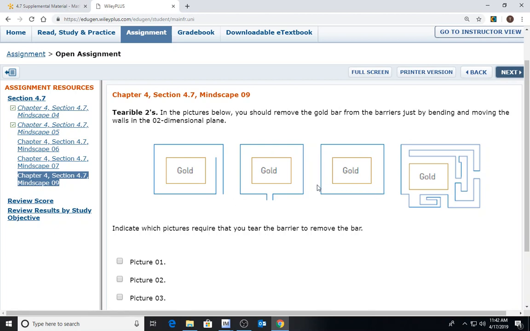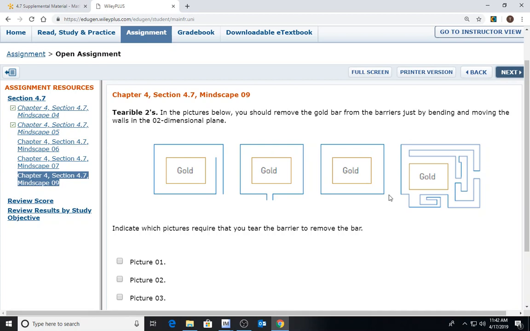But the 3rd and 4th pictures don't have any openings at all. If you follow this band around, there's no opening in it. And you can see there's no opening here. So there's no place to bend the hinge to get a side to flip up.